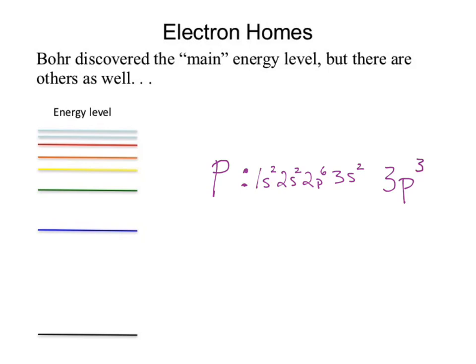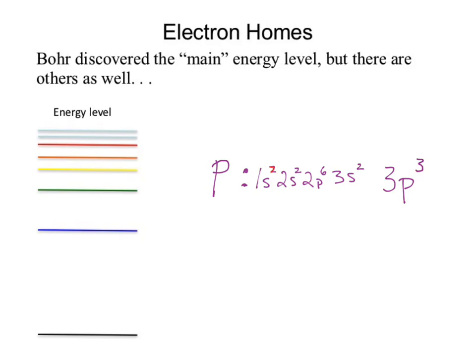The abbreviation only comes into play with the noble gases. So we could go through and say the closest noble gas to phosphorus that I've passed through in the process of filling the electrons is neon. I haven't reached argon yet, right? So what is the electron configuration for neon?